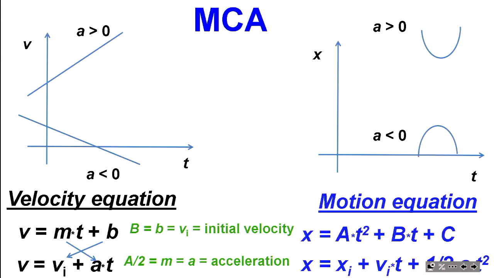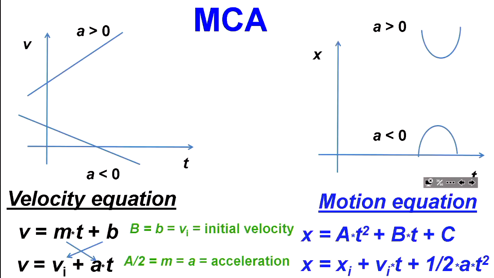So again, in mathematics, a quadratic equation looks like this. It's a standard way a mathematician writes a quadratic equation. In physics, we write the same equation backwards. We start from the constant term, then the linear term, then the second quadratic. And if time equals 0, what's left? This.